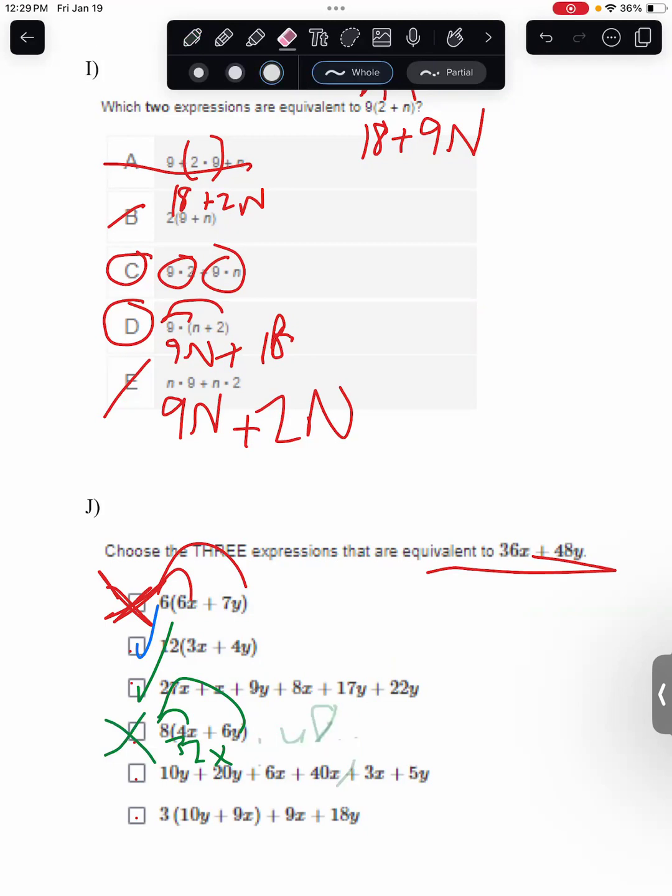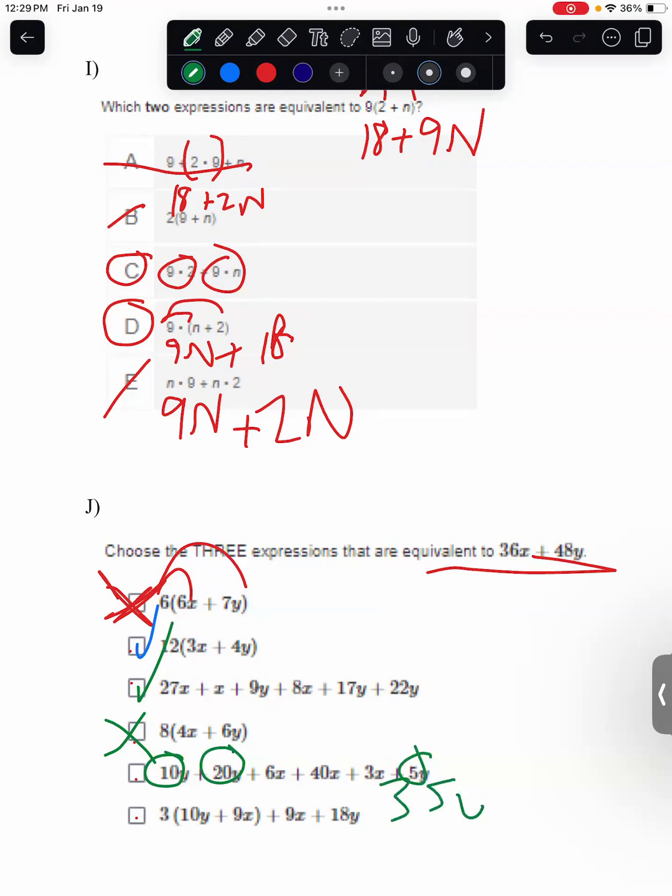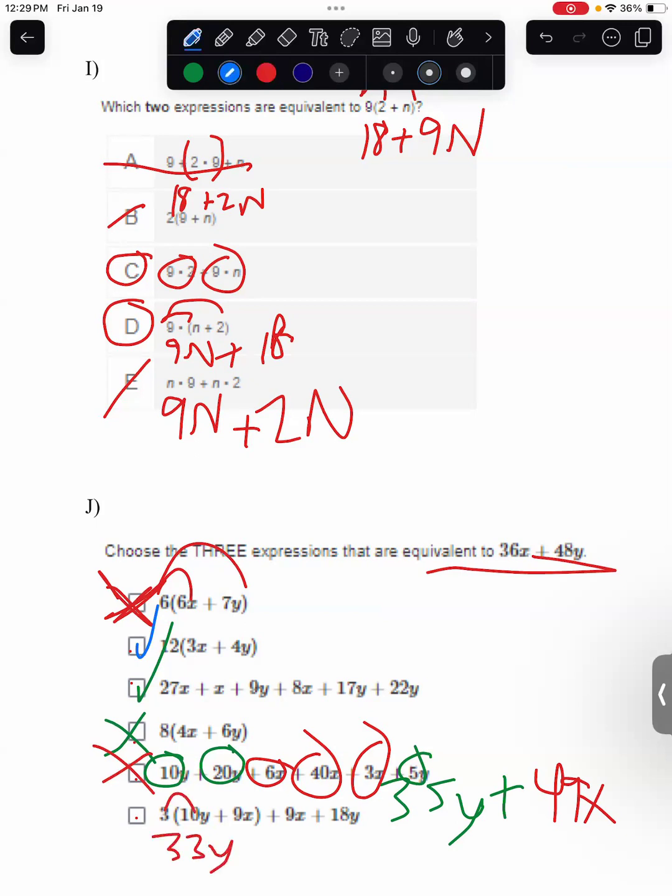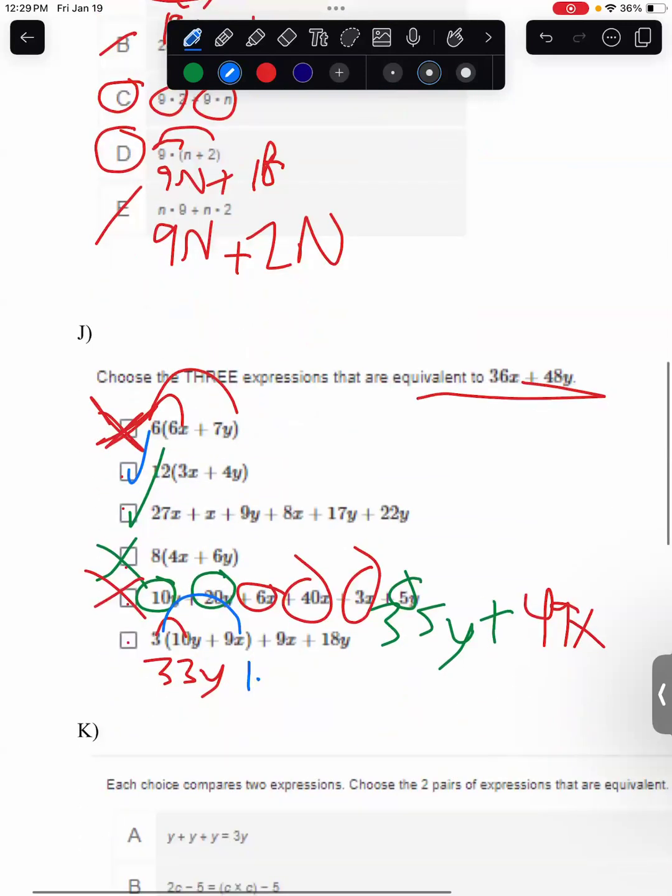Okay, next one. We have some like terms. So that's 30y, 35y. So that's not enough y's. And then x's, we have 46, 49 x's. That's not right either. Meaning the last one should be right unless I messed up. So we have 33y here. And then we have 27z. Okay. And we'll write the rest of the problem again.